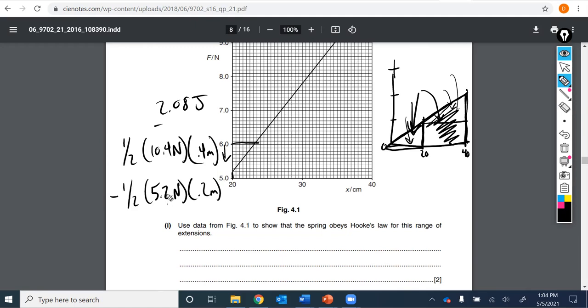So 0.5 times 5.2 times 0.2 is 0.52. And so 2.08 minus 0.52 is 1.56 joules, which is about 1.6 joules. So that's the answer you get when you solve it that way.